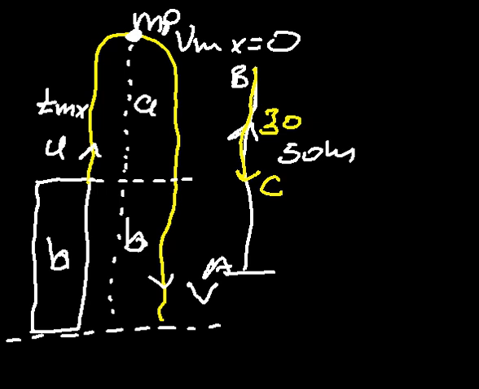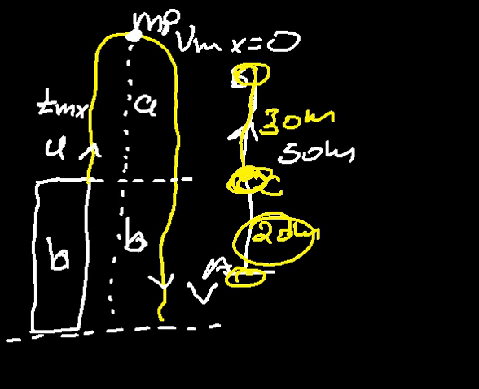Now how about the displacement for the journey? Just look at the distance between this position and this position. The whole of this is 50, and from here up to here is 30, which means the displacement is 20 meters. So the displacement for the journey is given as this one.